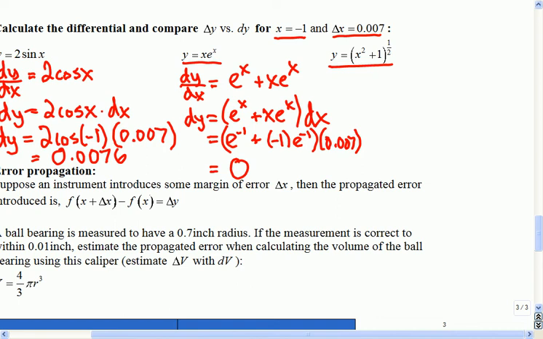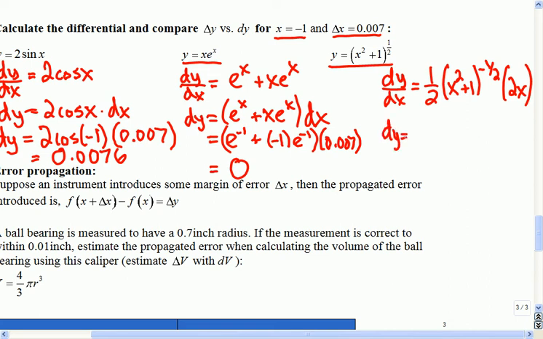Okay, and then in the next example, our derivative here is going to be 1/2 (x squared plus 1) to the -1/2 times 2x. So if I substitute in the values, the 1/2 and the 2 will work themselves out.